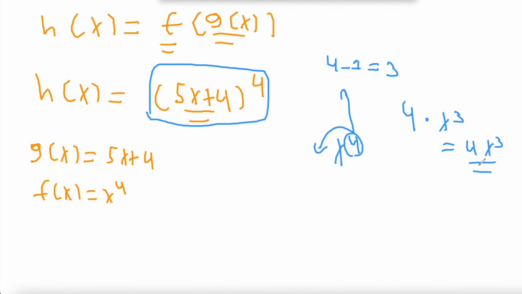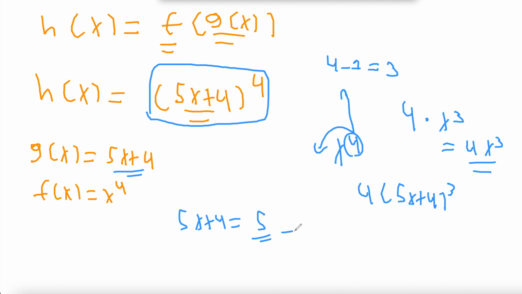And then what I want to do now is take our inner function, 5x plus 4, and substitute it into this. So how would you write that? You would write that out as 4 times parentheses 5x plus 4 to the power of 3. Next step, take the derivative of 5x plus 4. The derivative of 5x plus 4 is just the same as taking the derivative of 5x, which is equivalent to 5.